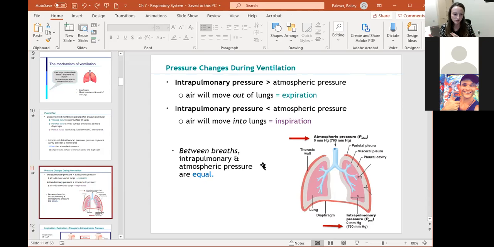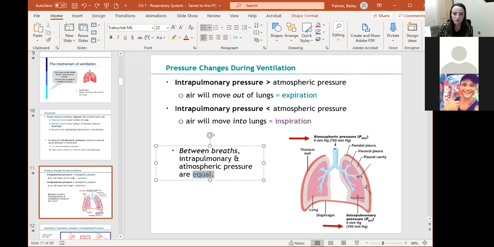The pressure within the lungs is going to change, but atmospheric pressure will stay the same. So you have to know that when interpulmonary pressure is greater than atmospheric pressure, that's going to cause air to move out of the lungs, expiration, versus when interpulmonary pressure is less than atmospheric, that causes inspiration. We'll talk about why that is on the next slide.